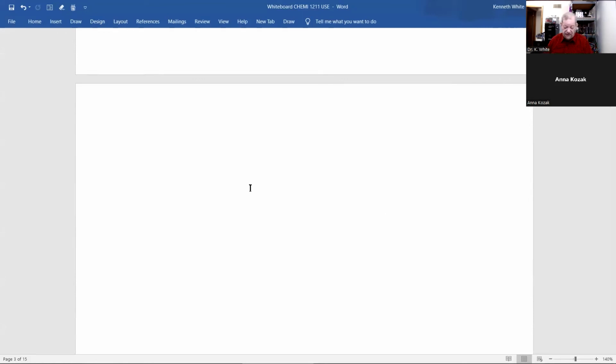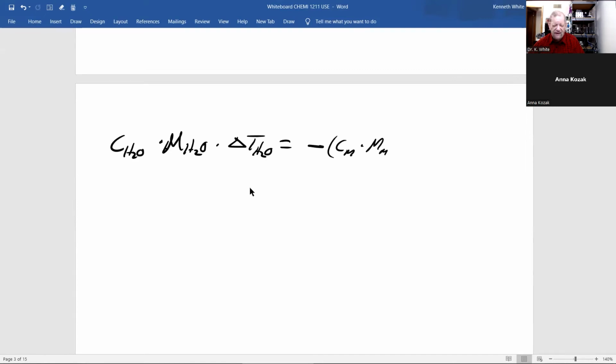From equation 3, we have specific heat of water times the mass of the water times delta T of the water equals minus, don't forget that, the specific heat of the metal times the mass of the metal times the delta T, change in temperature of the metal.